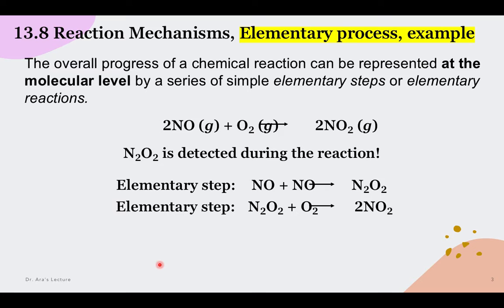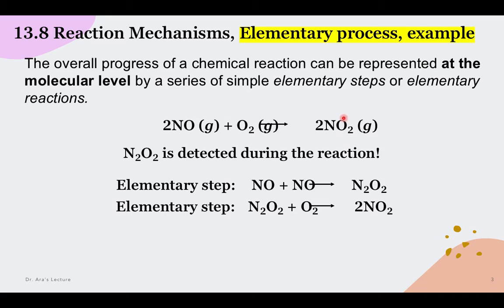The overall progress of a chemical reaction can be represented at the molecular level by a series of simple elementary steps. Here we can see the overall reaction: 2 moles of nitric oxide react with 1 mole of oxygen to produce nitrogen peroxide.